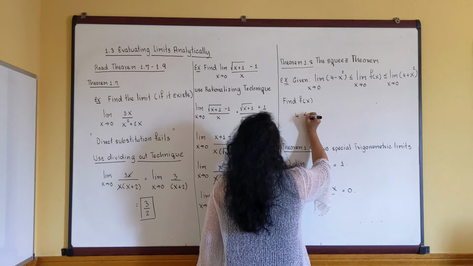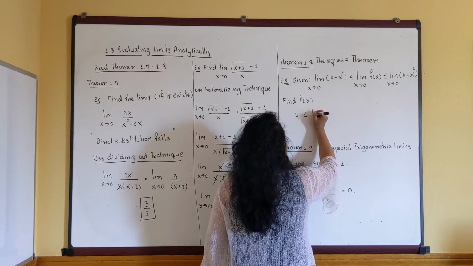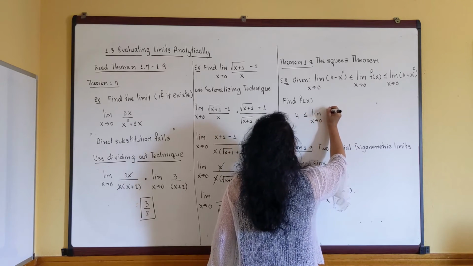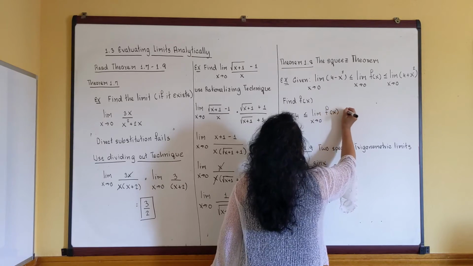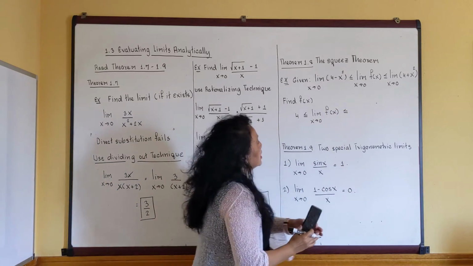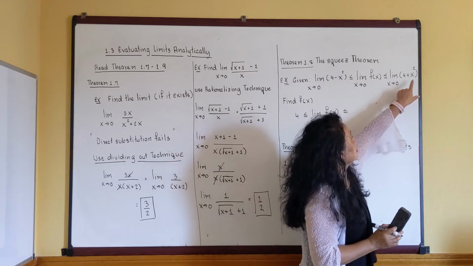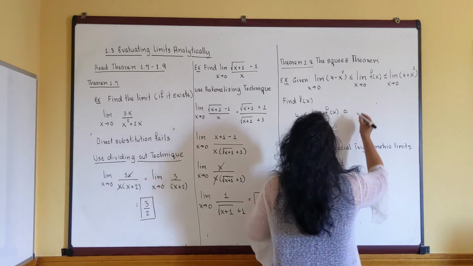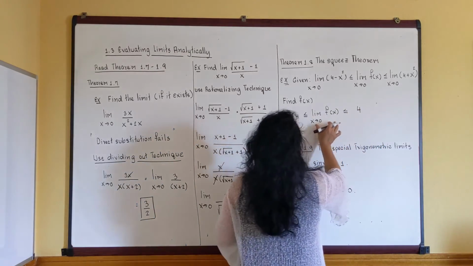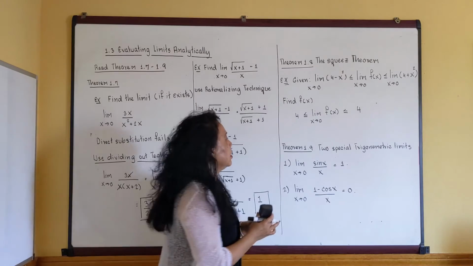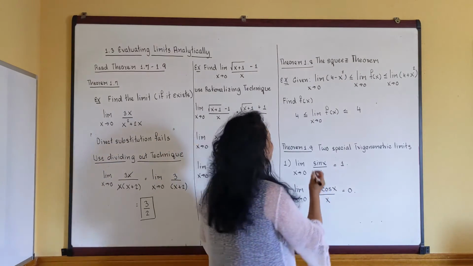So I would have 4 less than or equal to the limit as x approaching 0 of f of x, less than or equal to. Again, from this one, I can do direct substitution as well. If I substitute 0 in here, then I get 4. So this limit as x approaching 0 of f of x is between 4 and 4, so it has to equal 4.